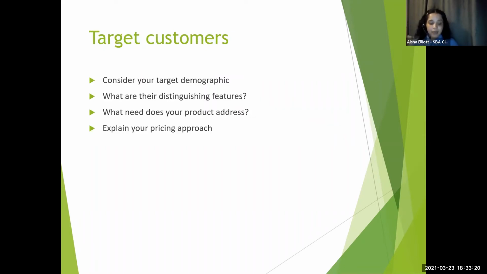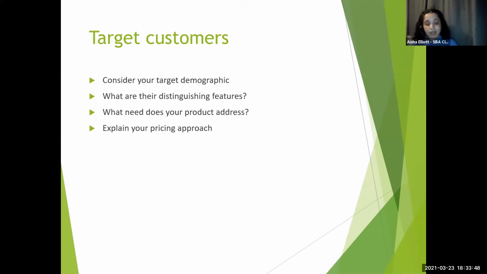Then we are thinking about target customers. We've been talking about market research, marketing, and how to ask those sorts of questions. Part of your business plan should be used to consider who your target customers or your demographic are. What are their features? Are they young? Are they old? What kind of spare income do they have?